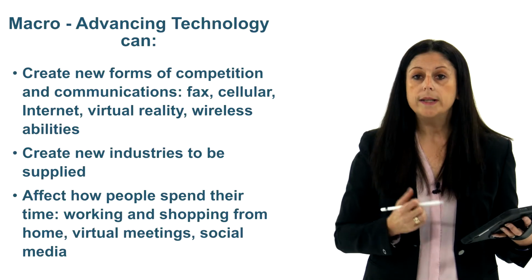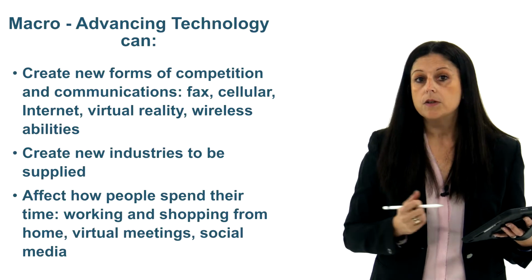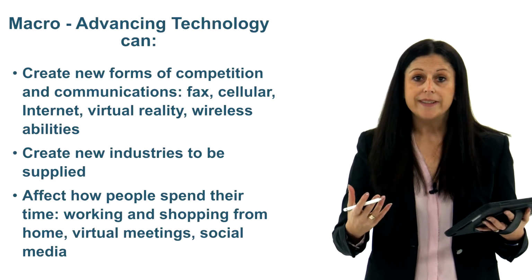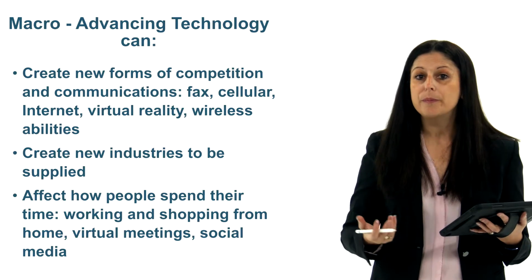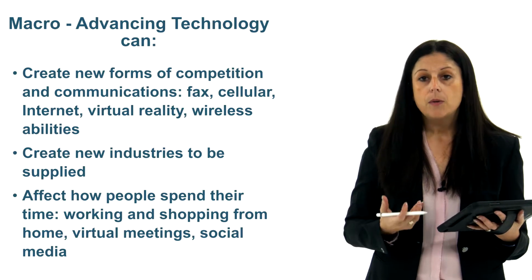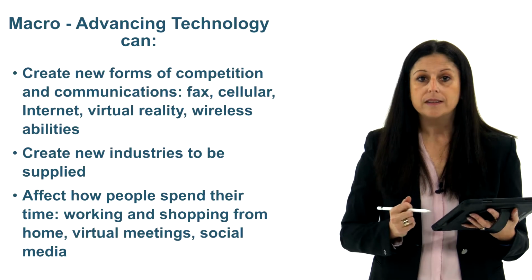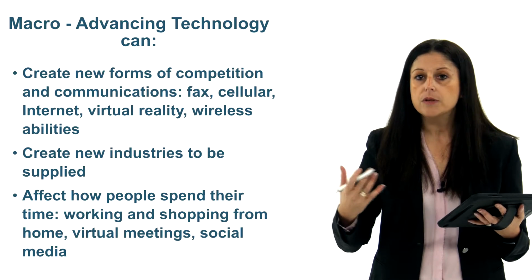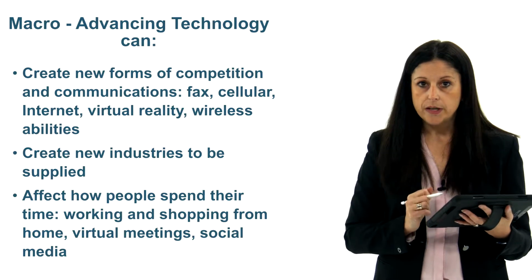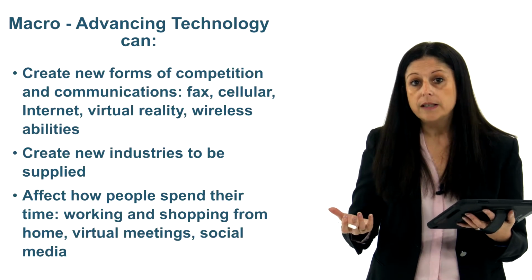So, for example, what can we do when we have advancing technology? Technology can help us create new forms of competition. For example, when the fax was created, when the cellular phone was created, the internet, that allowed, for example, Amazon to develop. Before the internet, we couldn't have done that.